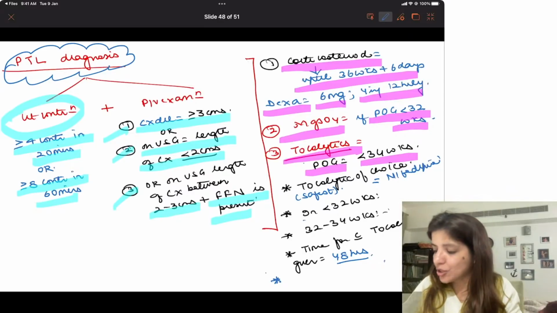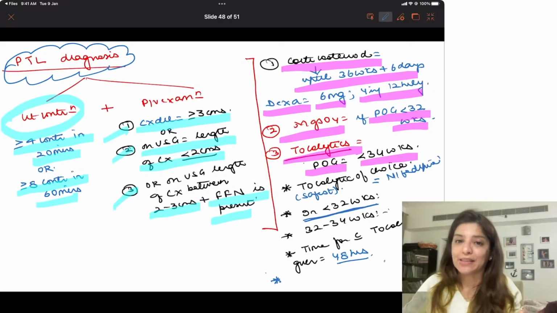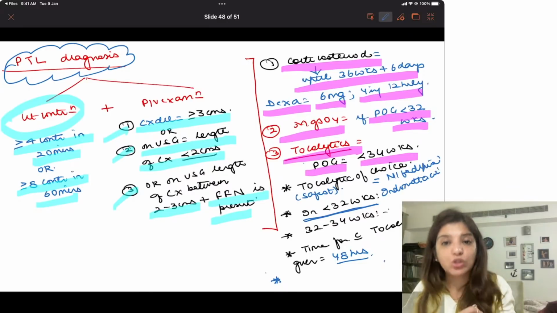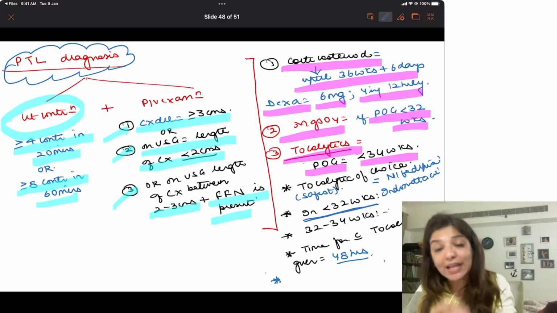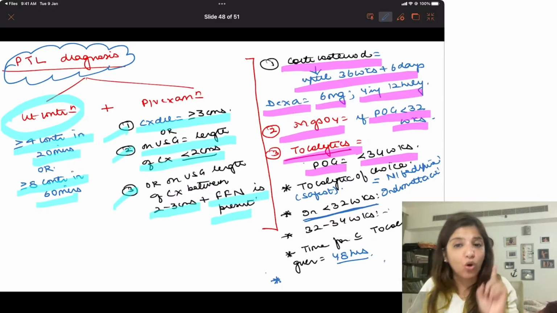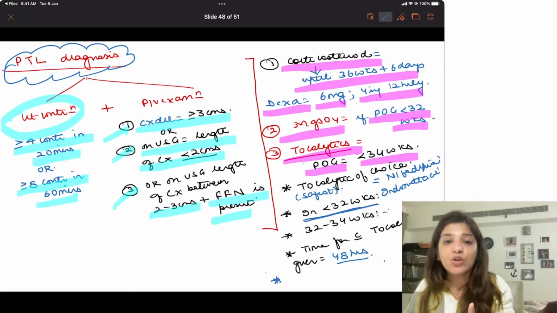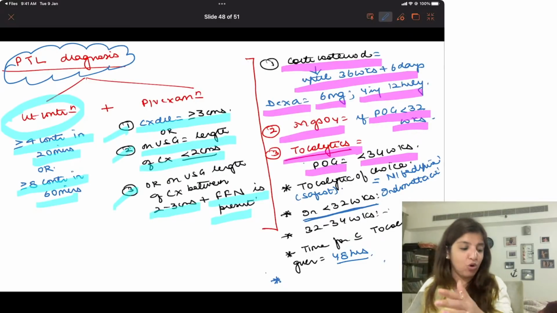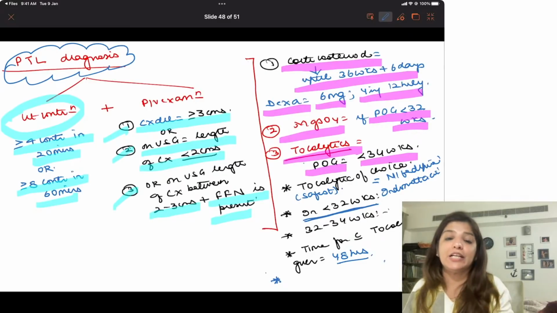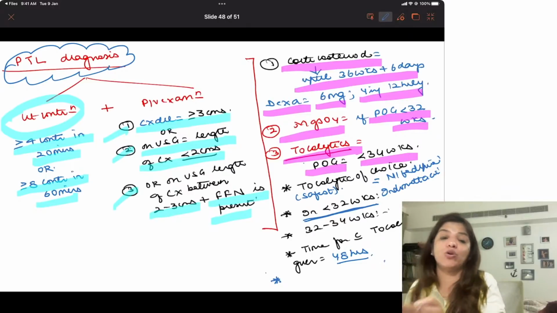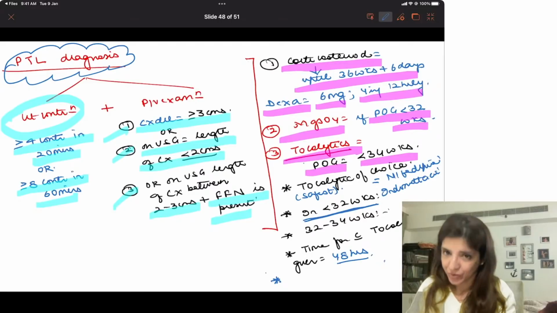Now, if your question specifically asks you at less than 32 weeks, that means they are talking about indomethacin. Indomethacin is also a tocolytic, but it is used only at less than 32 weeks. You cannot use indomethacin beyond 32 weeks. Why? Because if you use it beyond 32 weeks, it leads to premature closure of ductus arteriosus, and it can also lead to oligohydramnios, right?